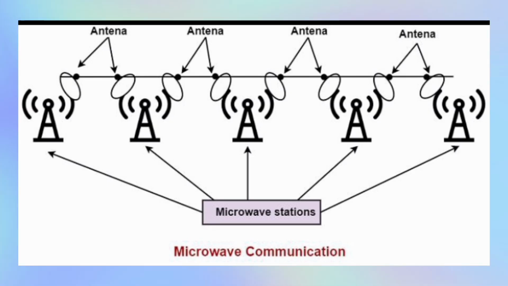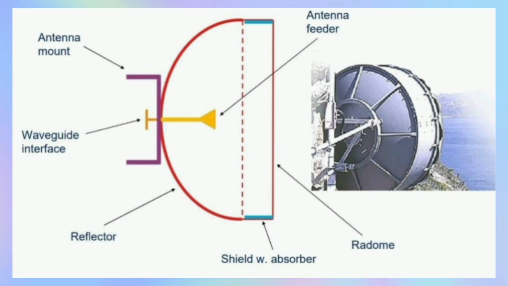One antenna sends the signal to another antenna, which receives and retransmits it over very long distances.